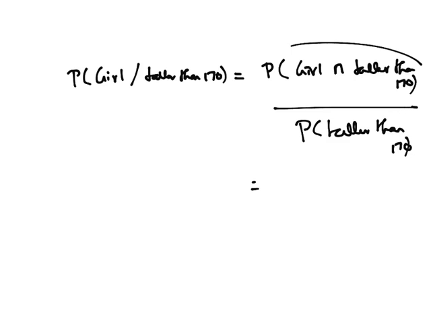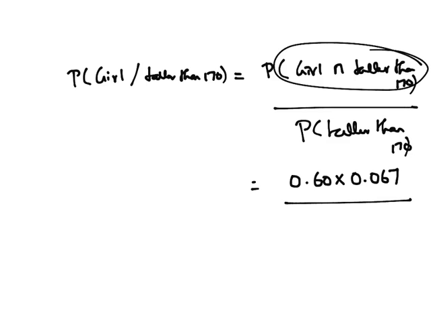Now the numerator will be selecting a girl, 0.60, multiplied with 0.067, a girl being taller than 170 centimeters, divided by whatever answer we found in D. Just put it here, P of selecting a taller student, taller than 170 centimeters. You can substitute here and find the answer. So that's all. You'll get the final answer.